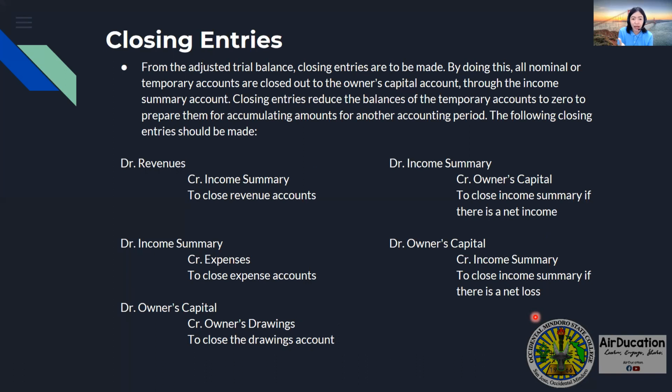And after that, the preparation of the financial statements: income statement, tapos yung cash flow, changes in equity, and then the statement of financial position. Huling-huli po yun ginagawa. Okay? Huling-huli siya ginagawa. Now, after nun, magko-close na tayo ng book natin.